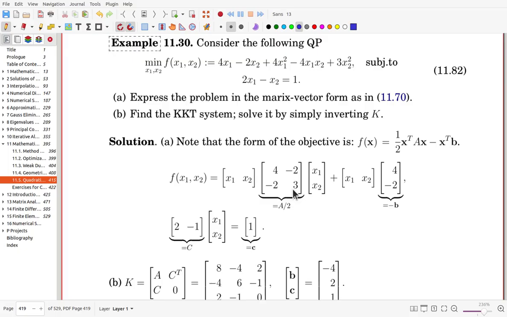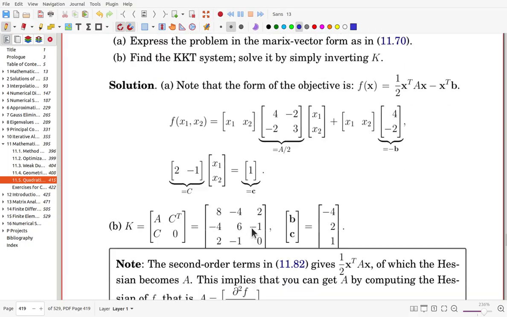Then, second order terms are considered, and for the linear term, here we have 4 and minus 2 as the coefficients. And along with this standard form, we can see this matrix is half A, and that portion is minus b. From the constraint, 2, 1, 2 and minus 1 is the matrix C, and then the right side, c is a 1 by 1 matrix.